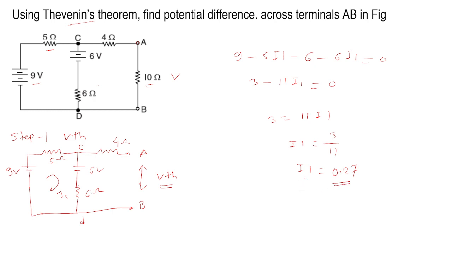आता मला I1 मिळालं. पण मी तुम्हाला सुरुवातीला काय सांगितलं होतं? 9 मायनस व्होल्टेज ड्रॉप अक्रॉस 5 ओहम. आता 5 ओहमच्या अक्रॉस काय ड्रॉप होणार आहे? V is equal to I into R, so V is equal to 5 multiply by 0.27, that will be the voltage drop. 5 multiply by 0.27 किती येते बघा?